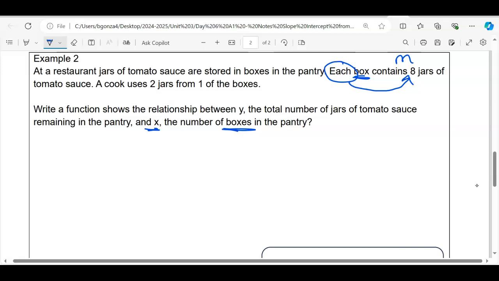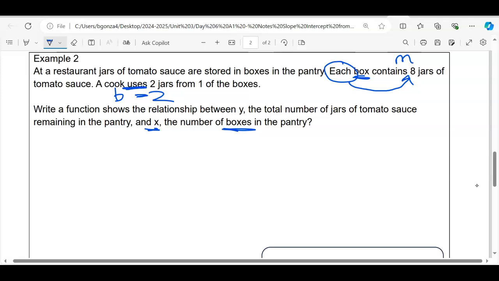If I use sauce, I'm going to open it up, take it out, and cook with it, right? So he's taking away. So is that positive or negative? If you're taking it away, it's negative. So using is taking away, which is negative. Okay, so I want you to notice, underline use, that means it's a -2. That's my B value.